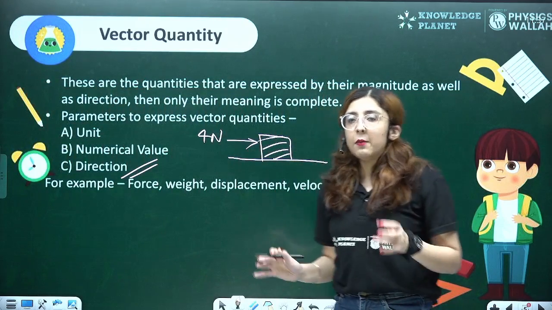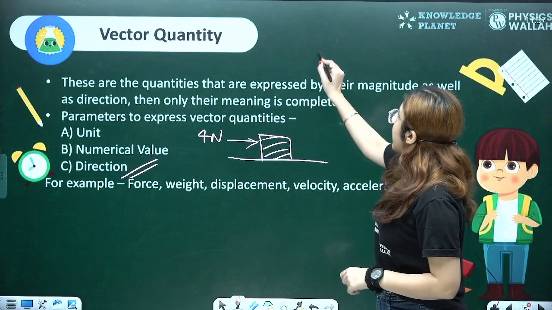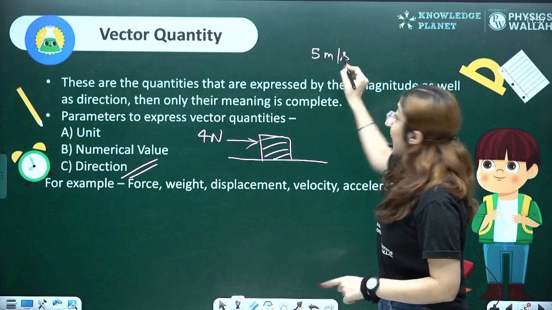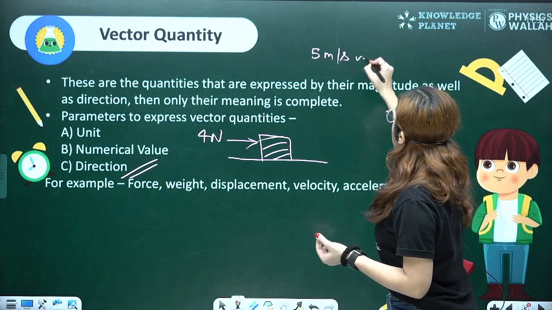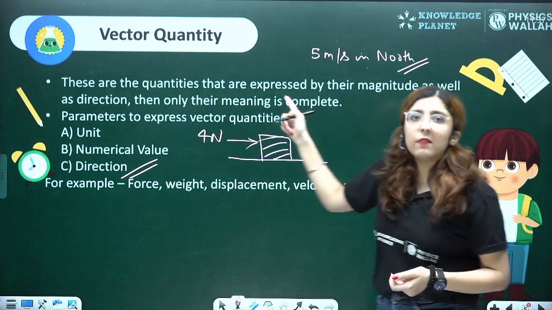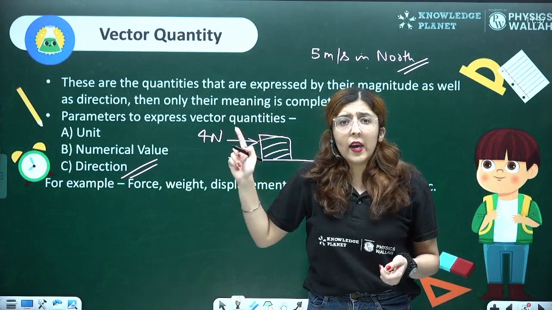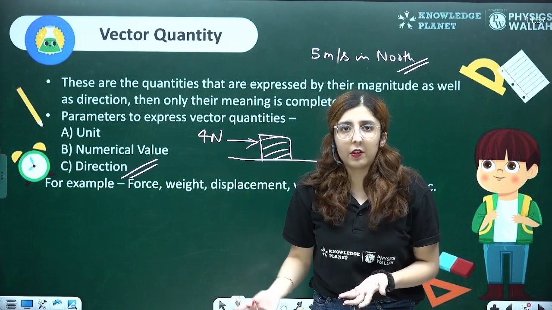If I am talking about velocity and I say 5 meter per second, I need to add the direction, that is in north. This is velocity. Otherwise, with just 5 meter per second, you are talking about speed only, no difference.